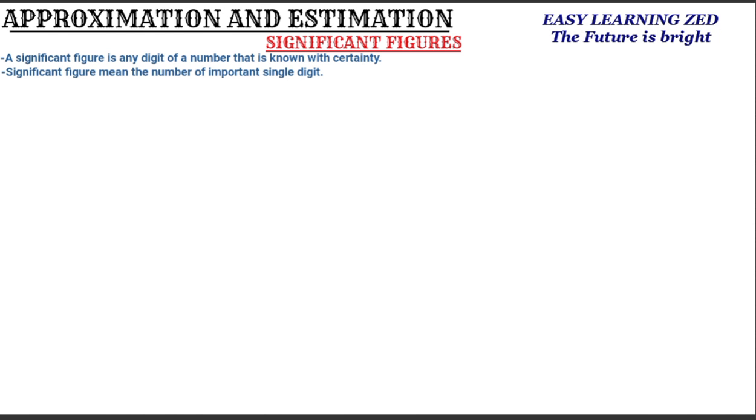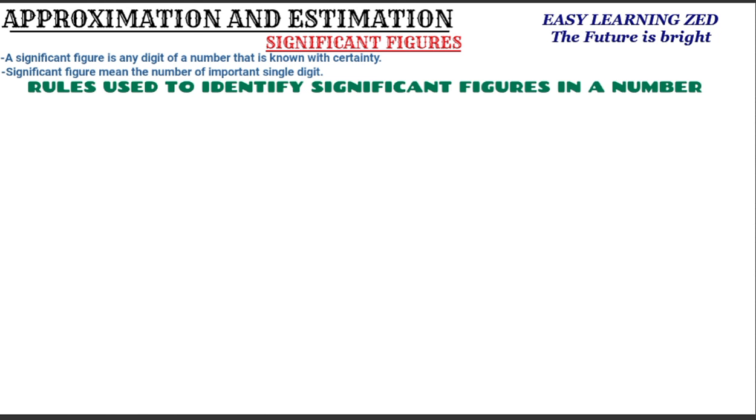So how can you tell that this number is a significant figure? Let's look at the rules used to identify significant figures in a number. We're going to look at the three important rules. The first rule is all non-zero digits are significant.